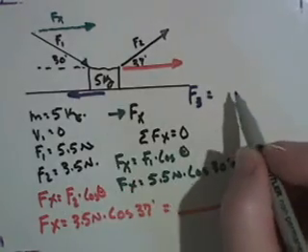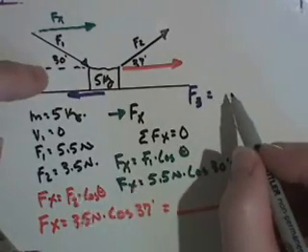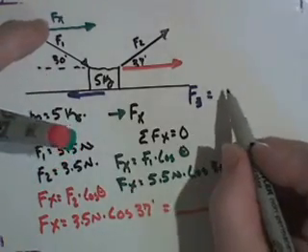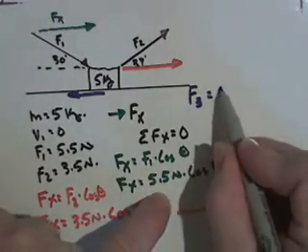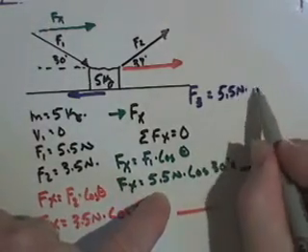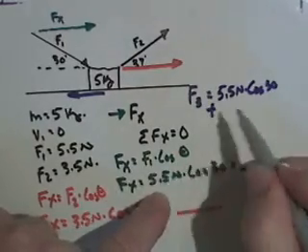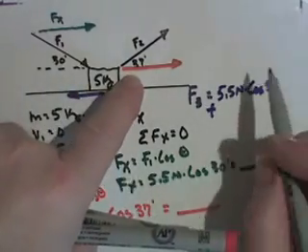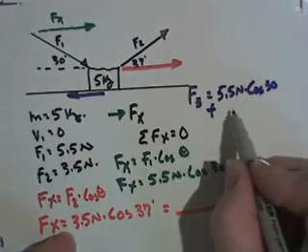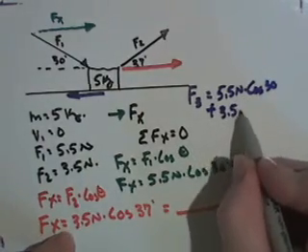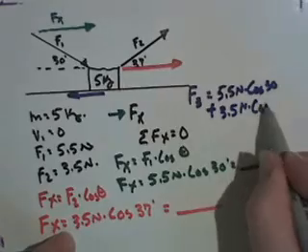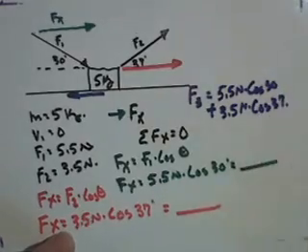Friction, for instance. And it's going to have to be equal to this Fx, which is going to be 5.5 newtons times the cosine of 30, plus this Fx, which is going to be 3.5 newtons times the cosine of 37.